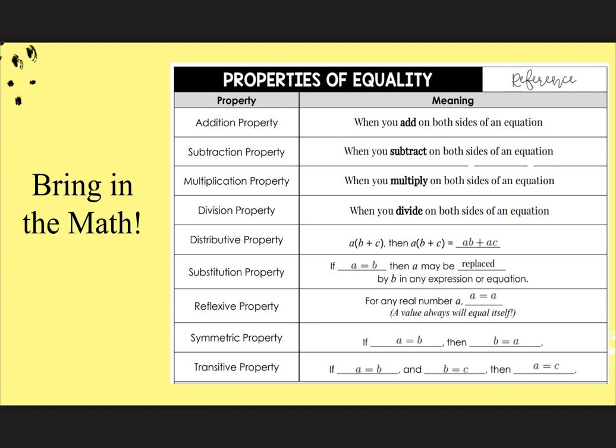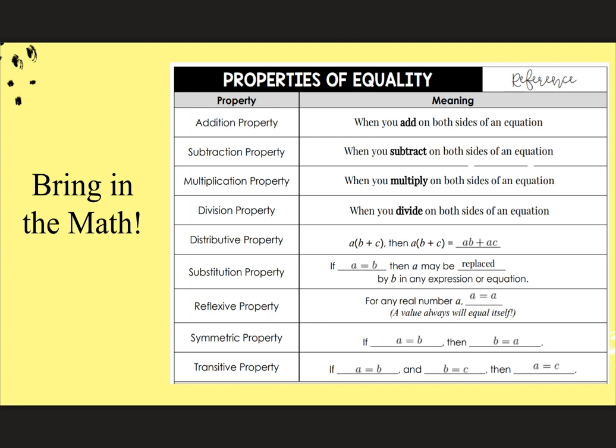So you have the addition property where you add on both sides, the subtraction property where you subtract on both sides, multiplication, you multiply on both sides, division property where you divide on both sides, distributive property where you distribute across the parentheses, substitution property where two things are equal so one can replace another, the reflexive property where basically one thing equals itself, the symmetric property where basically we're just changing the order, so if A equals B then B equals A, and then the transitive property, which is if one thing equals something else then you can replace one thing with another. We're going to use that one quite a bit actually.